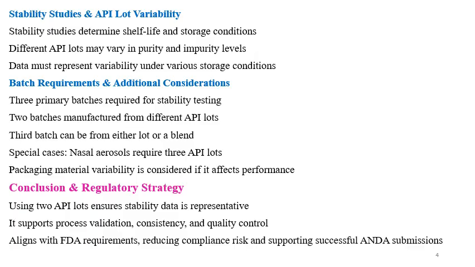Packaging material variability is considered if the packaging material or configuration of the packaging affects the product performance. So using 2 API lots ensures the stability data is representative. It supports process validation, consistency and quality control, and it satisfies the requirement of regulatory authorities like FDA. So it reduces the risk of failure.